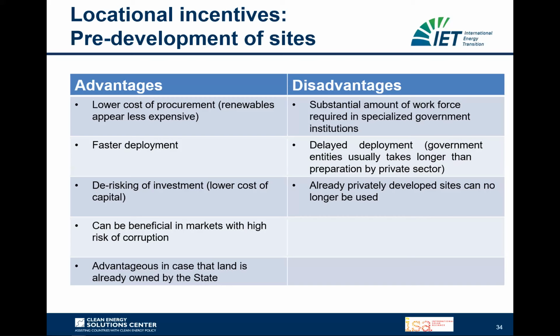So if it is very important for you to communicate to the public, we are actually procuring solar PV for only 2 cents per kilowatt hour, a good way to do this is to pre-develop some sites, because many of the least cost procurement of solar PV in the last couple of years in India, for instance, was actually based on pre-developed sites.